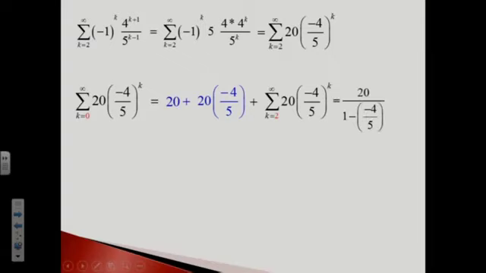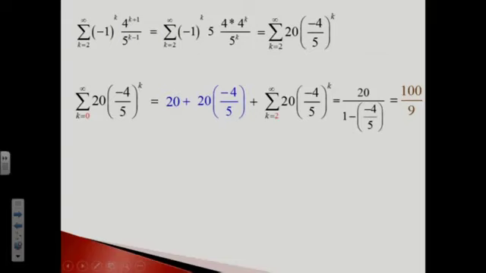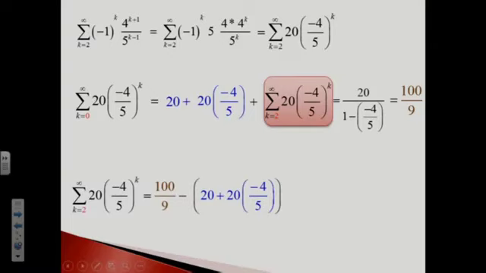This equals 20 divided by 1 minus minus 4/5, which equals 100/9. The series from 2 to infinity can be found by subtracting the first two terms from 100/9. The result is 64/9.